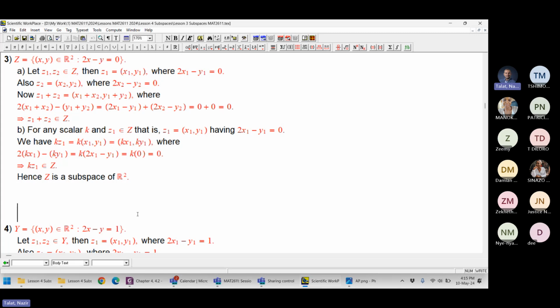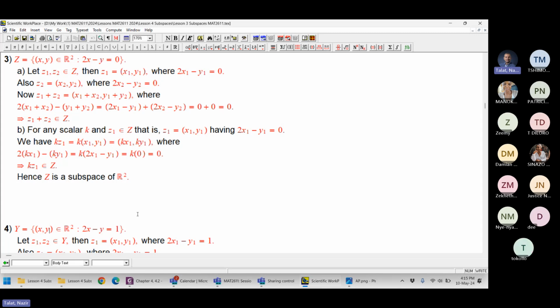So when we know the parent space, or its superset, is a vector space, then in the child set, or its subset, we only need to check two properties. If these two properties are satisfied, then the given set becomes again a vector space, and by default it satisfies all the other 8 properties of a vector space.